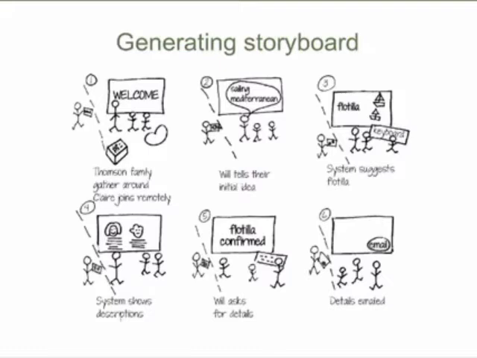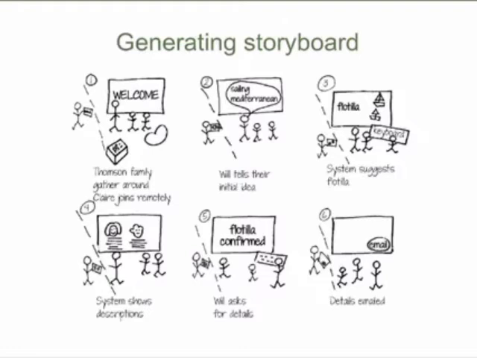For example, consider the scenario for the travel organizer developed in Chapter 11. This can be broken down into 6 main steps. 1. Will, Sky, and Imon gather around the organizer, but Claire is at her mother's house. 2. Will tells the organizer their initial idea of a sailing trip in the Mediterranean. 3.